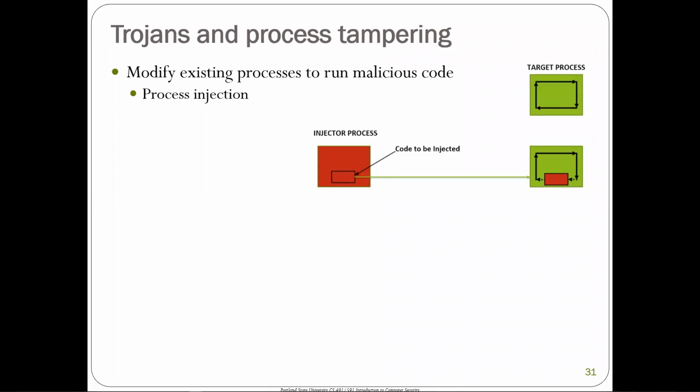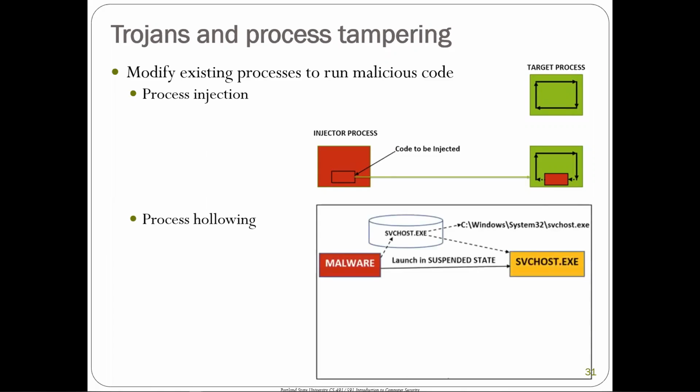Another way you could do process tampering is through something called process hollowing. The idea here is to take that legitimate program, service host, and launch it in a suspended state. There are flags in Windows that say, load this binary into memory, but don't start execution immediately. This gives you a stopped process that is a legitimate process.